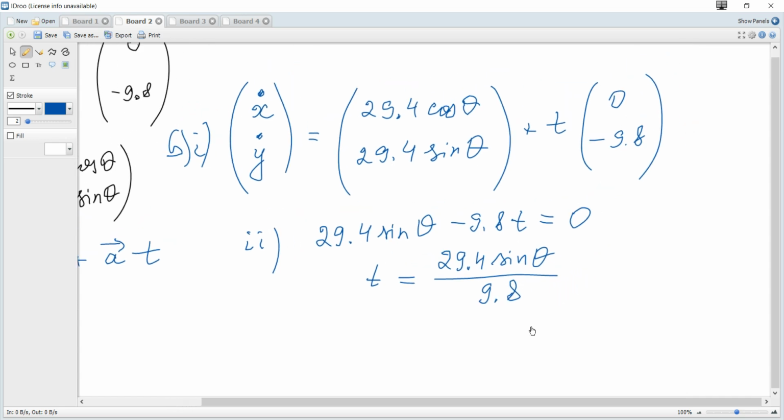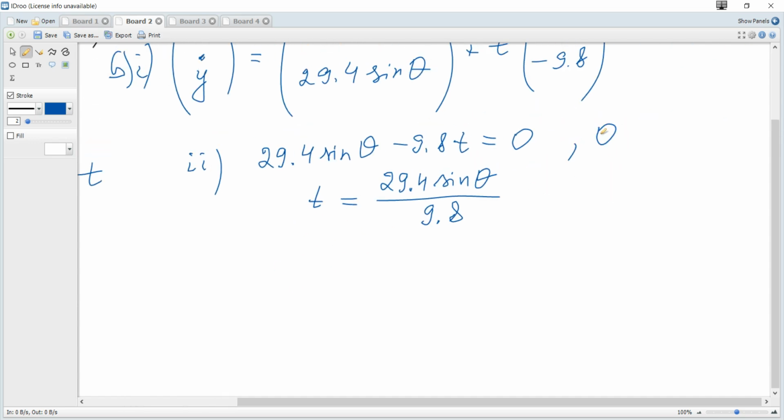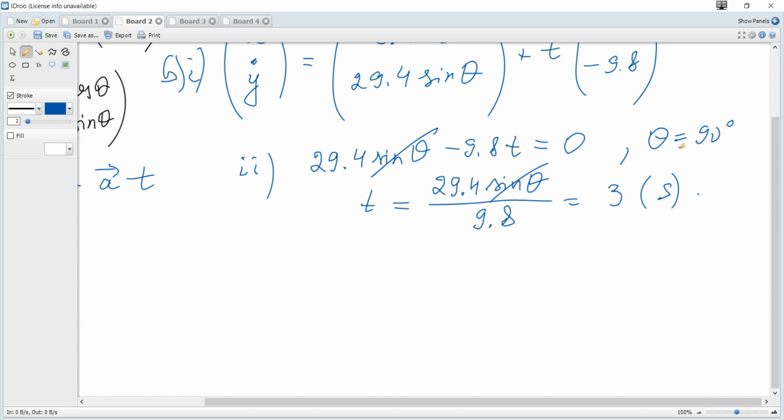And since it is launched vertically, theta is 90 degrees, or you may write 1 directly here, since sine of 90 degrees is 1, and it's 3 seconds exactly.